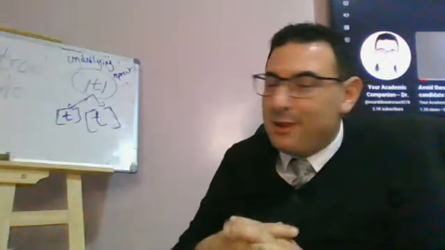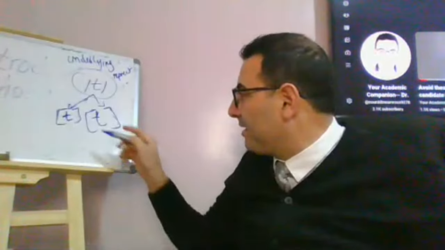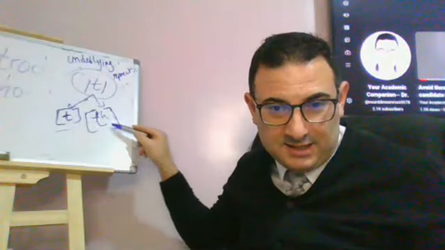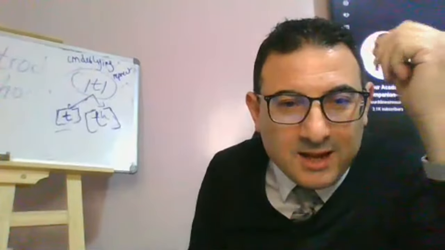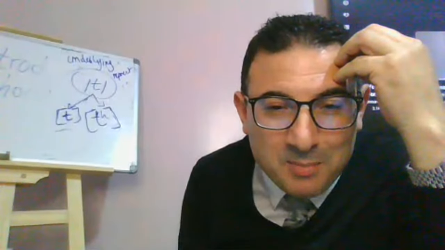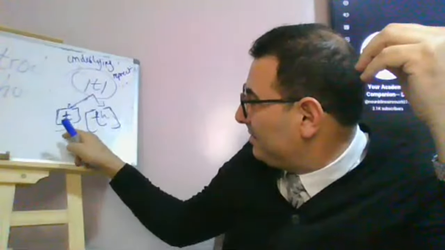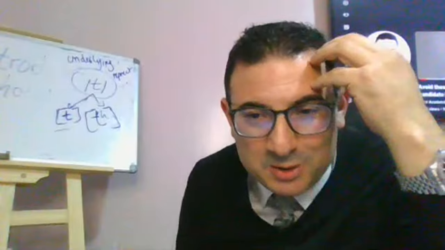We say that t and t and t, we say that they occur in a complementary distribution. I repeat, t and t are in complementary distribution.